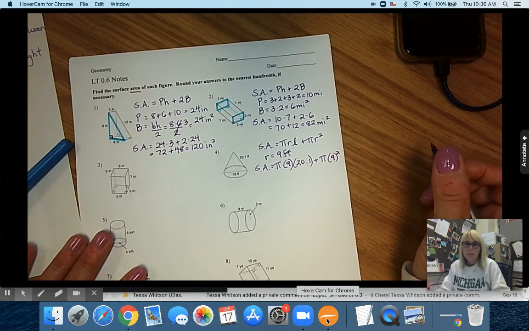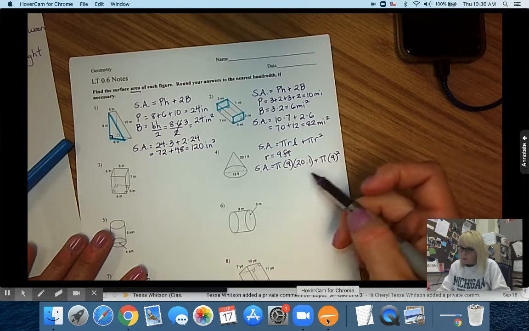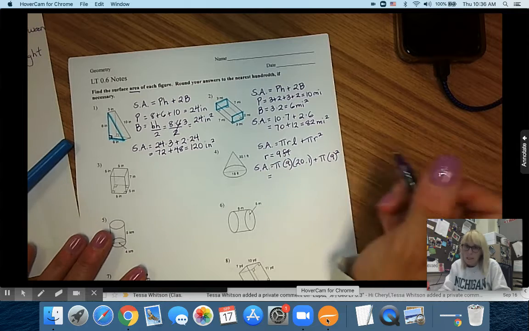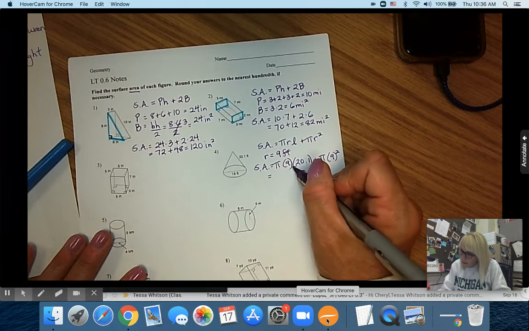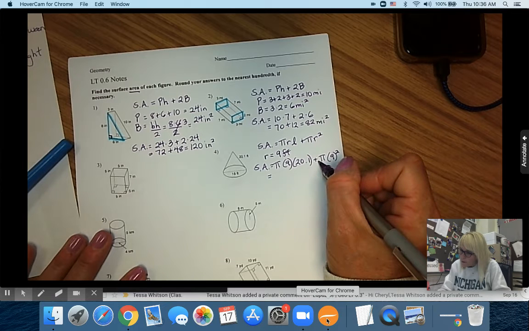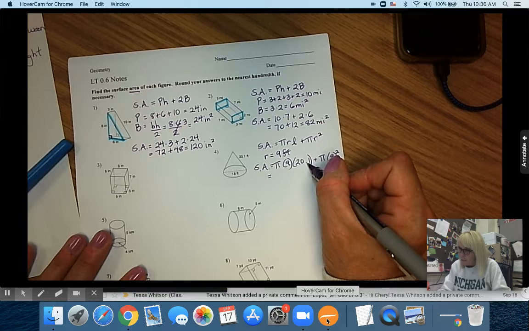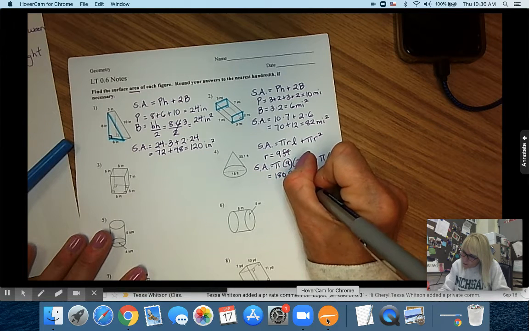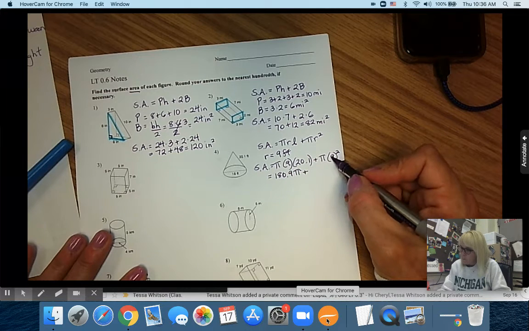Now just like when we did circles in Learning Target 0.3, we're going to leave pi in our answer. We're going to have exact values. So this is going to make it easier for you, I promise. So just leave the pi and do 9 times 20.1. So 9 times 20.1, that's 180.9 pi plus, what's 9 squared?